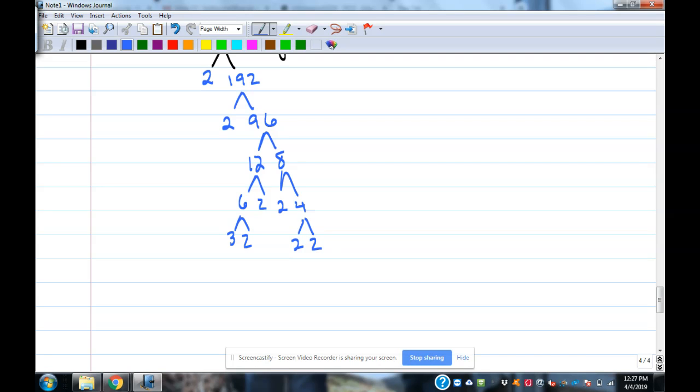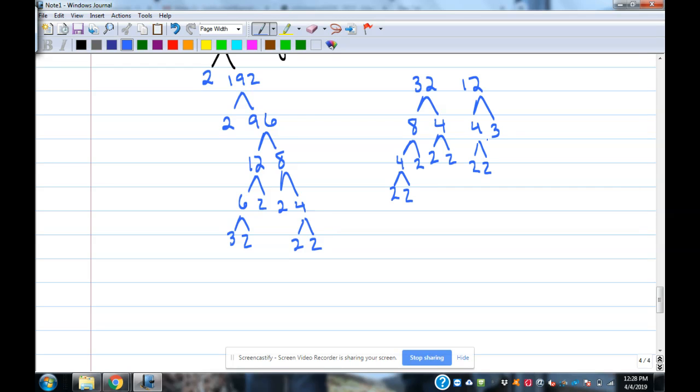So Kelly, if you did it your way with the 32 and 12, you're going to have the same number of circles, they're just going to be grouped a little differently. So this is doing it with Kelly's suggestion, which absolutely works the same way.